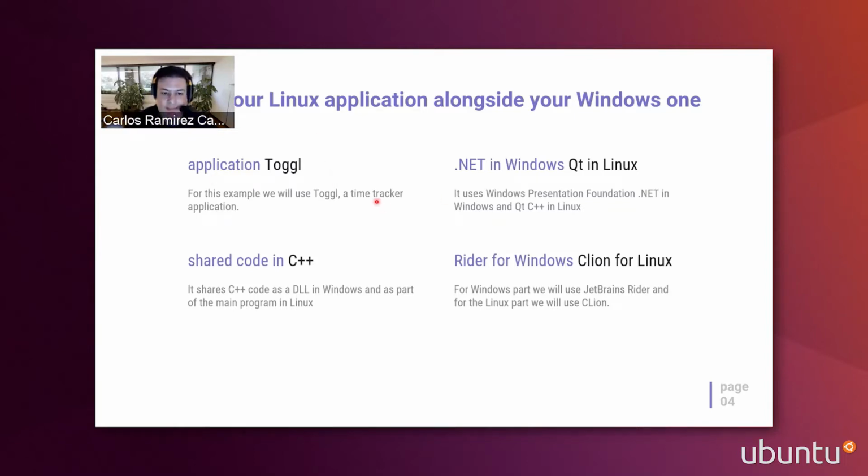They are open source, and they use .NET for Windows, and Qt and C++ for the Linux UI. They have shared code in C++. So for this demo, we will use Rider for the .NET part and CLion for the Linux part.